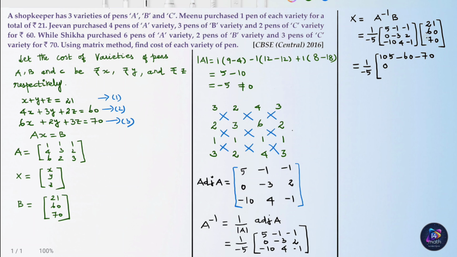Minus 3 into 60, minus 180. 2 into 70, 140. Minus 10 into 21, minus 210. 4 into 60, 240. Minus 1 into 70, minus 70.